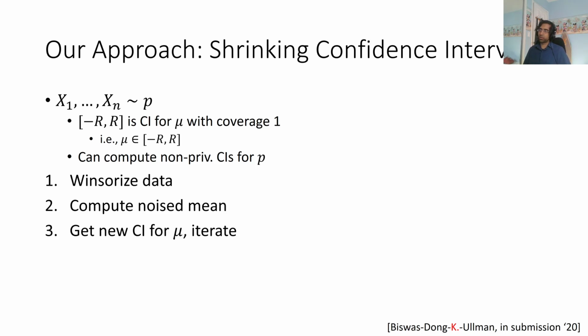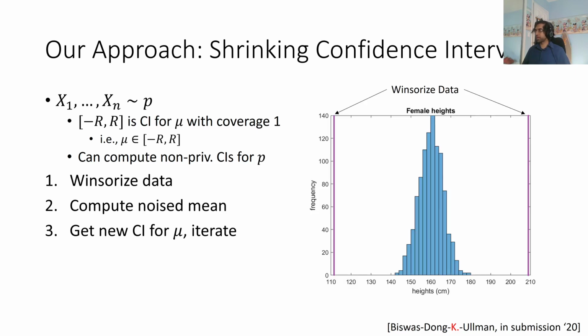So now, based on the noisy mean, we take into account the sampling error as well as the error due to the noising of the mean for privacy. And from there, we can compute a confidence interval for the mean of the distribution. Based on this, we've got a new tighter confidence interval than before, hopefully, and we can just iterate as we like.